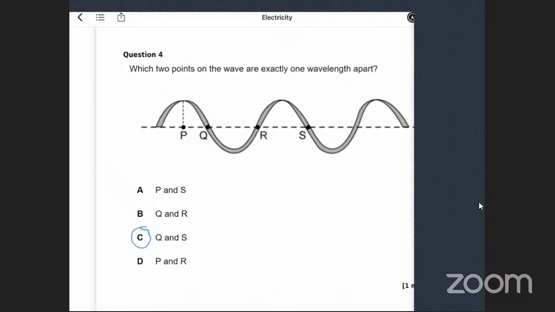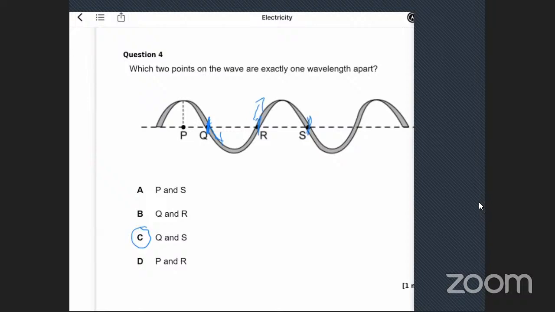So remember with your wavelength, you're always looking at two successive points. So if you're moving from that point, you now need to look at the point that is successive, that is similar. So if you start at this point, you can see from the wave, it's starting to go down from that point. So you have to look at the point that is going down. This Q to R is wrong because at this point it's going up. So that is not the successive wave point. So you have to go to S.